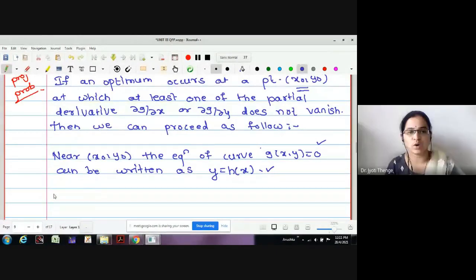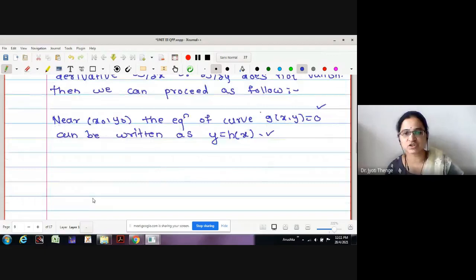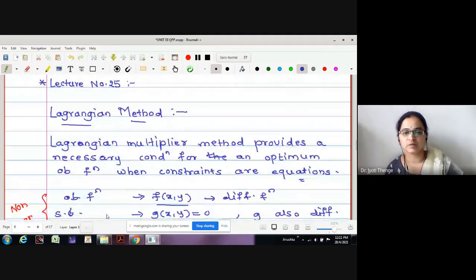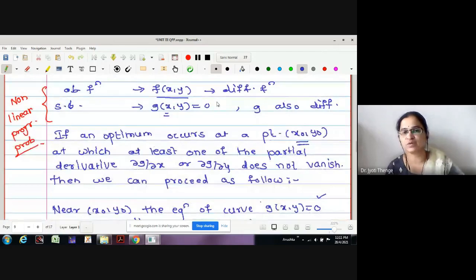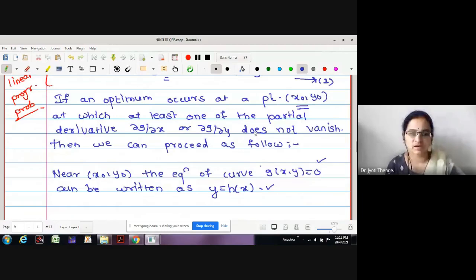Now let us try to differentiate g at the point x naught, y naught. What will be the differentiation of g of x, y equal to 0? Let me call this equation number 1, and let this be equation number 2.